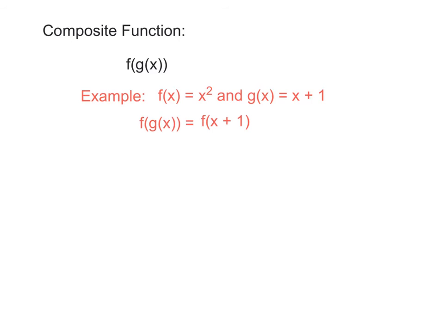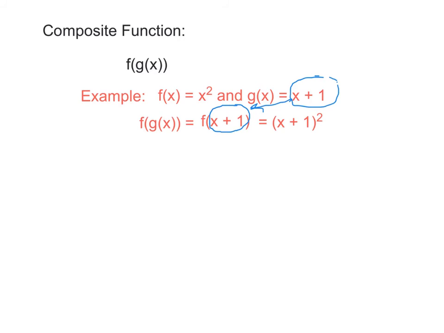I simply take the function g of x, which was x plus 1, and I substitute that in for x in the f function. So I take x plus 1, and now this becomes f of x plus 1. Everywhere where I used to have an x with the f function, I'm going to substitute in x plus 1. So the result for f of g of x is simply equal to x plus 1 quantity squared.